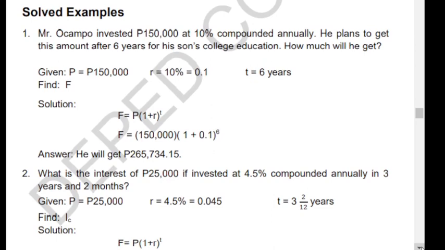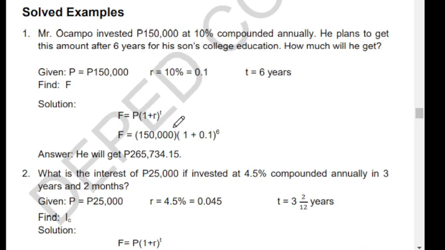Okay. We have here Mr. Ocampo invested 150,000 pesos at 10% compounded annually. He plans to get this amount after 6 years for his son's college education. How much will he get? So the investment, which is 150,000 pesos, is your P. Then the rate of 10% can be converted to 0.1 and T is 6 years.